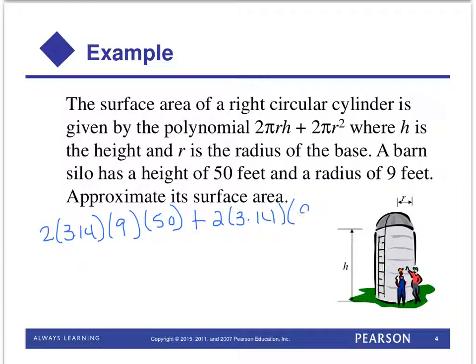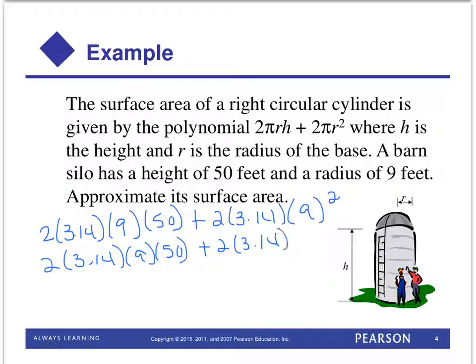So that's going to be 9, and then it's got to be squared. So we're going to clean up some. So I'll leave the first one, because remember, you have to clear your exponents first. So 9 squared is 81.